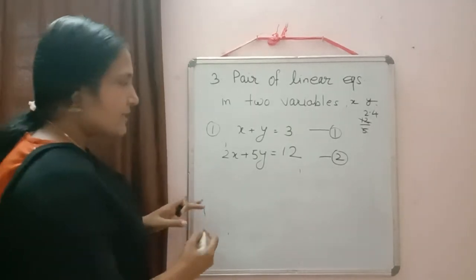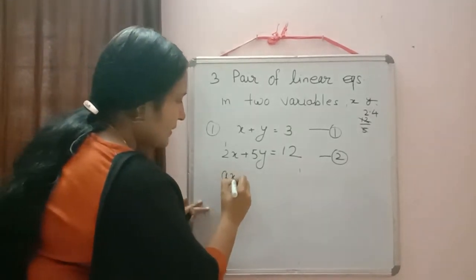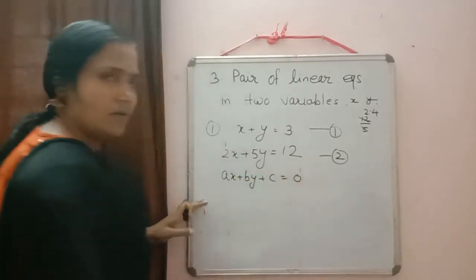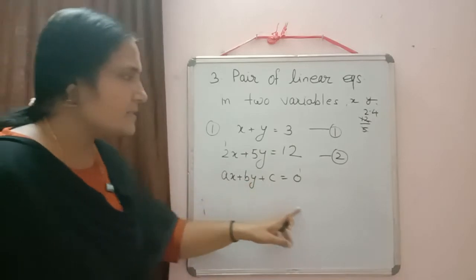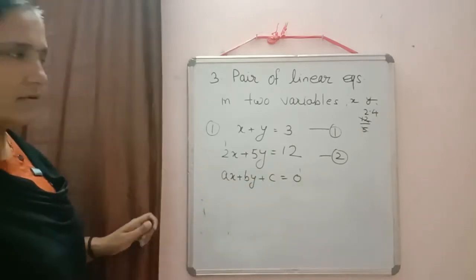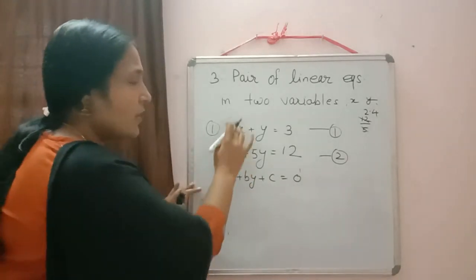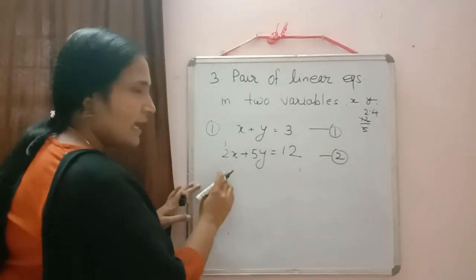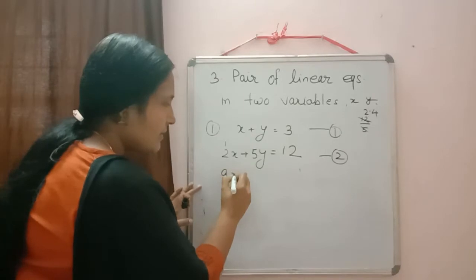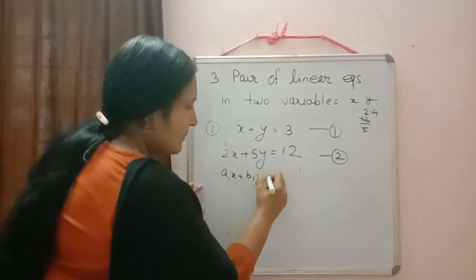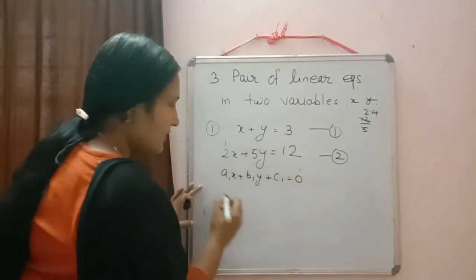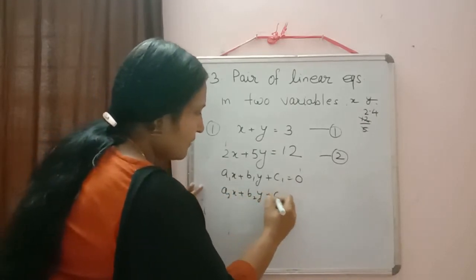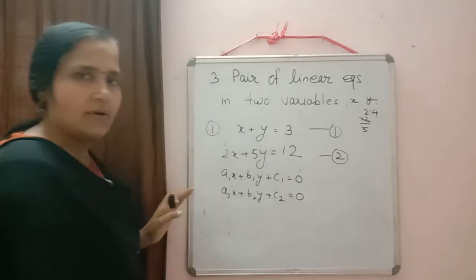As we know, the general form of a linear equation is ax plus by plus c is equal to 0. Otherwise, that constant we can take to the right hand side also. So here we have 2 linear equations. Suppose the first one I am taking as a1x plus b1y plus c1 is equal to 0, and the second one as a2x plus b2y plus c2 is equal to 0.